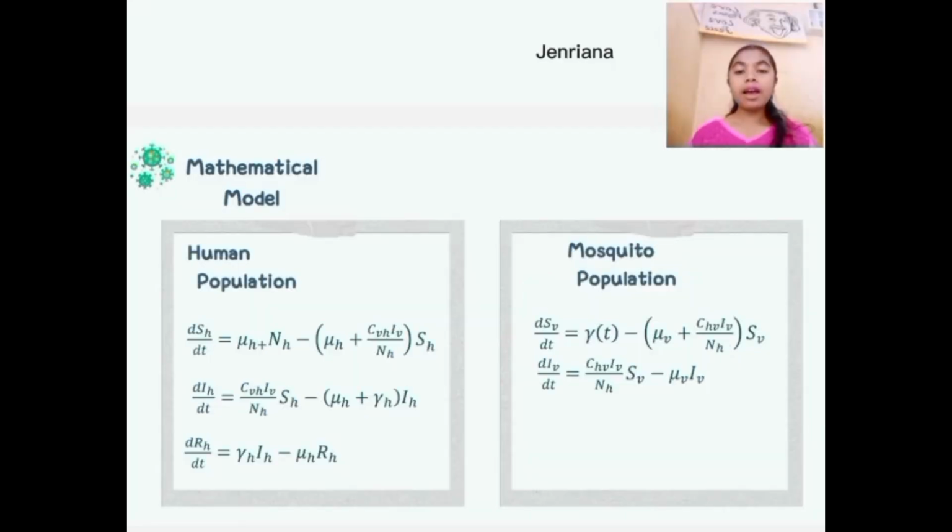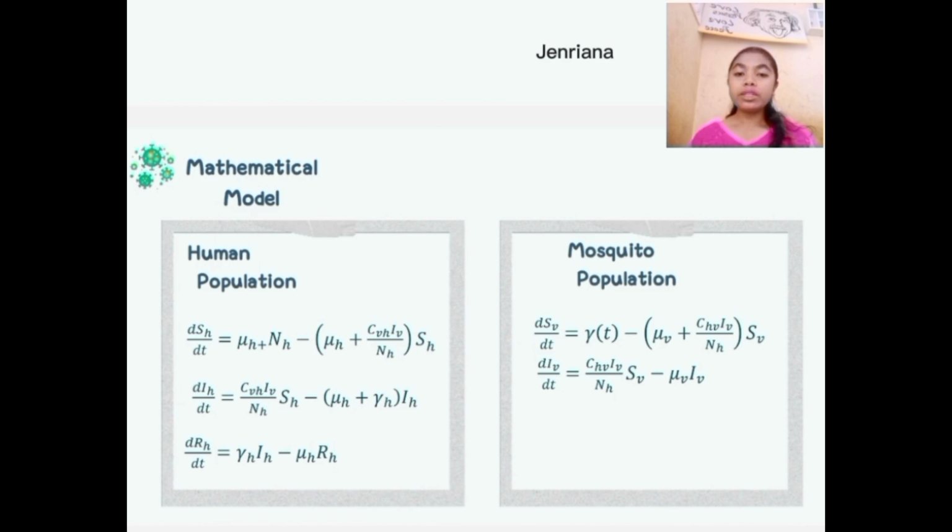Okay, next, I want to explain the mathematical model we use in this research. The model we developed is called an epidemiological model, the SIR model, which stands for susceptible, infected, and recovered. What's special about this model is that it considers two different populations at the same time, the human population and the mosquito population.